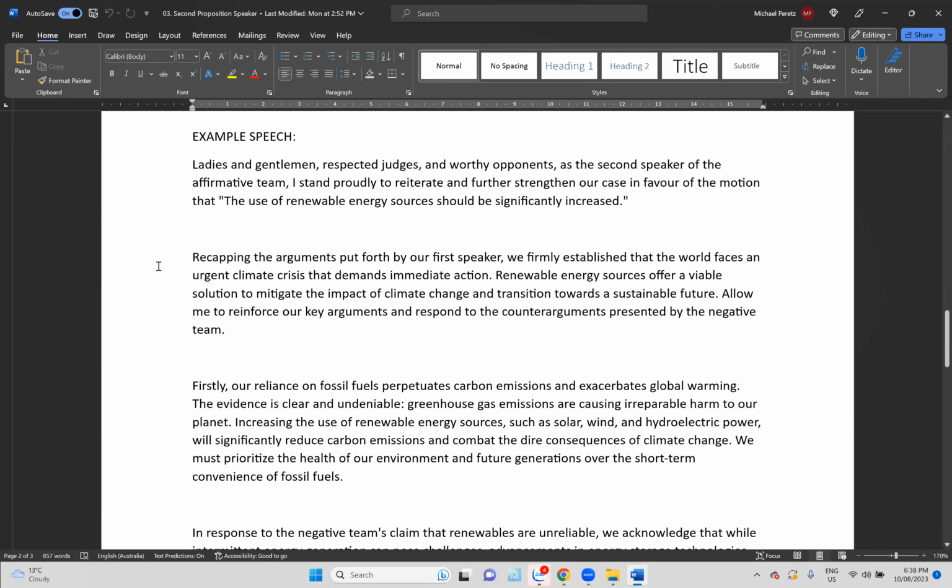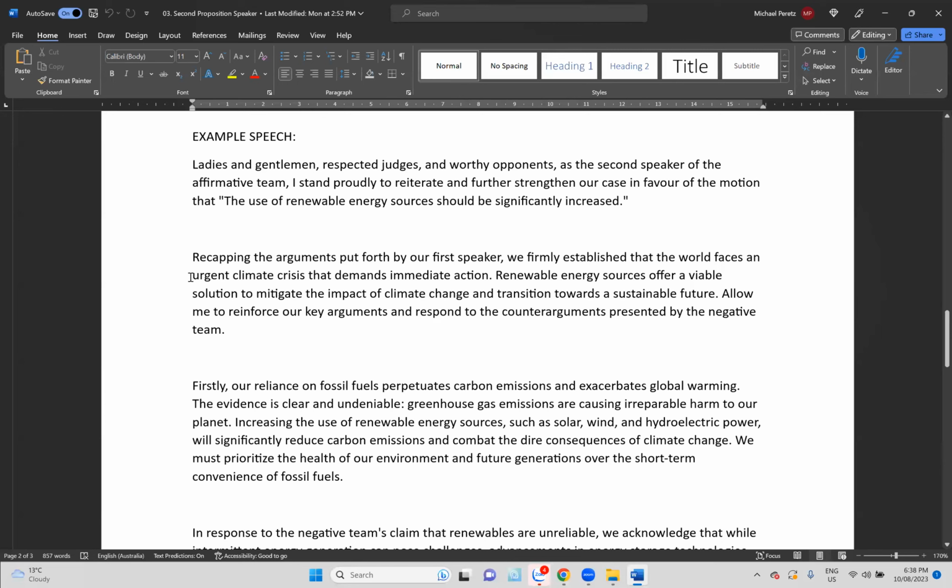So recapping the arguments put forth by our first speaker. So again, being super obvious with what we're doing. We firmly established that the world faces an urgent climate crisis that demands immediate action. So yeah, in this point, we've reminded everybody our main argument, it's a serious crisis.